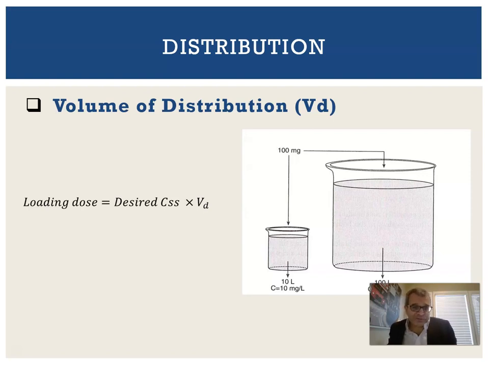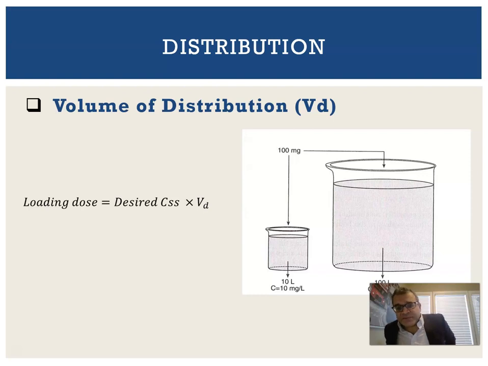Of course not, right? Because if we put 100 milligrams in 10 liters, the concentration will be 10 milligrams per liter. But if you put 100 milligrams in 100 liters, it will give you a concentration of 1 milligram per liter, right? So therefore, drugs with higher volume of distribution will require higher doses to attain similar concentrations, right?